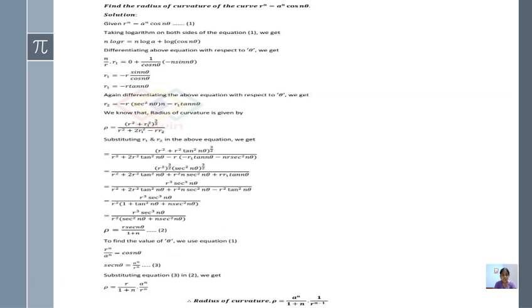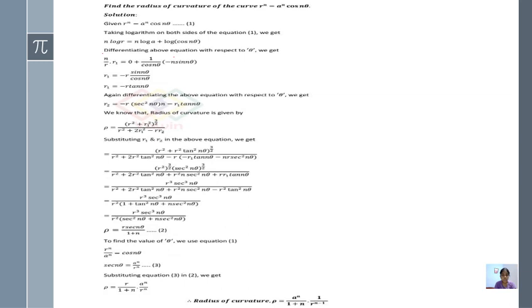Now r1 is equals to, here n and n get cancelled, so remaining is minus, r comes to the numerator and goes to RHS, that is minus r into sin n theta divided by cos n theta. Sin by cos is tan, so r1 is equals to minus r into tan n theta.